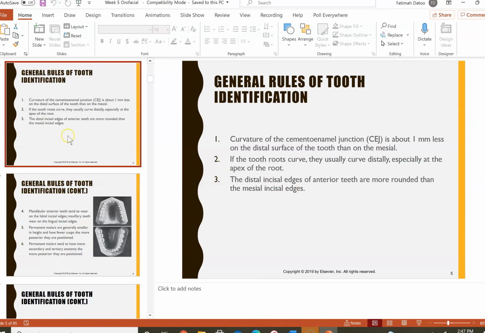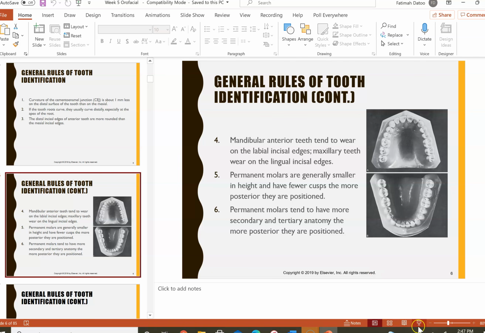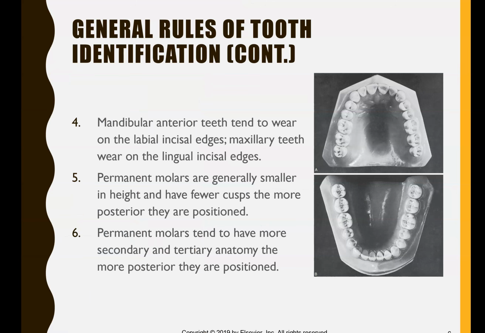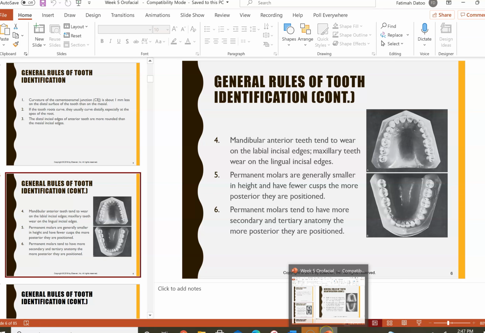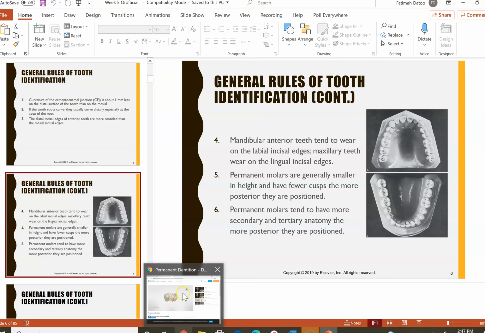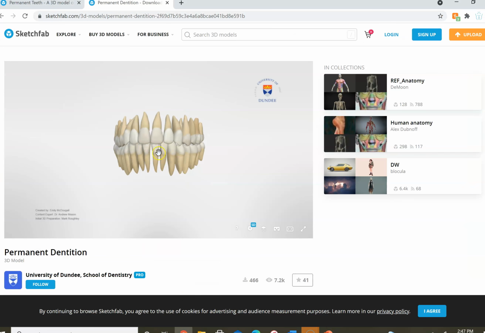Okay, so let's look at more tooth identification rules. Mandibular anterior teeth tend to wear on the labial incisal edges, whereas the maxillary teeth tend to wear on the lingual incisal edges. What does that mean? So again, I'm going to look at this picture here. It says mandibular teeth wear on the labial, and you can actually see this over here when you're looking at where the teeth touch.